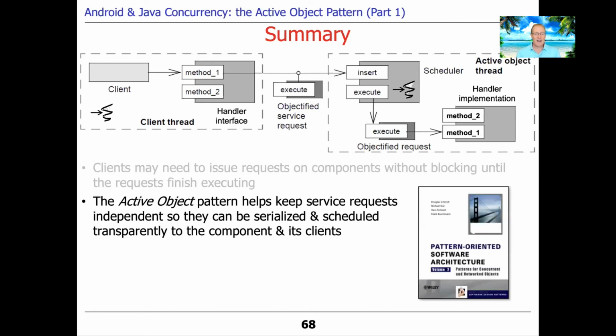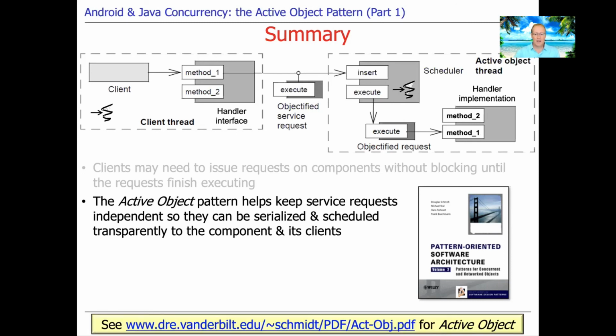To do this, the active object pattern is a nice way to keep track of all the requests, and mapping it onto the various roles and responsibilities in the pattern makes it easy and convenient to write these kinds of concurrent actor-oriented models, where the concurrency and synchronization is pretty much transparent to clients and to the implementation of the components themselves.